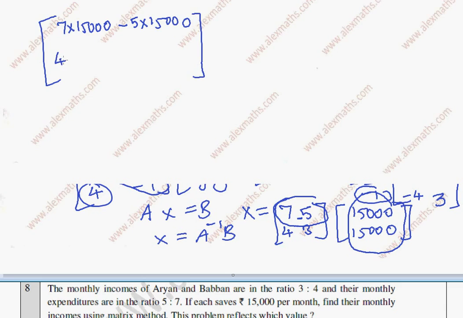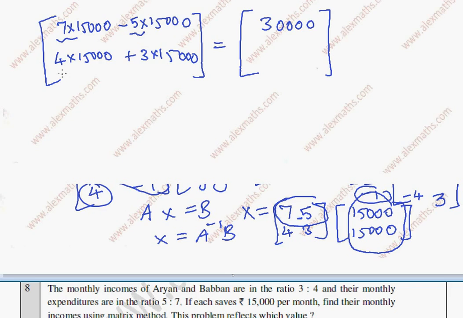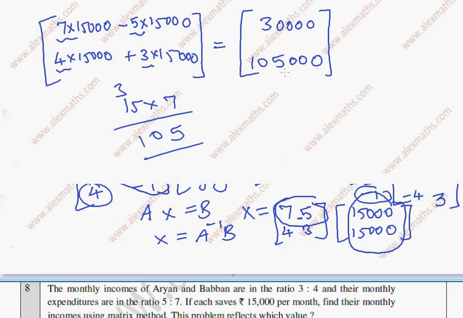Then minus 4 into 15,000 plus 3 into 15,000. Okay. So the first row I can do in short. 7 minus 5, 2. So 2 into 15,000, totally it is 30,000. And this is 4 plus 3, so 7. So 15 into 7, 105 with 3 zeros.